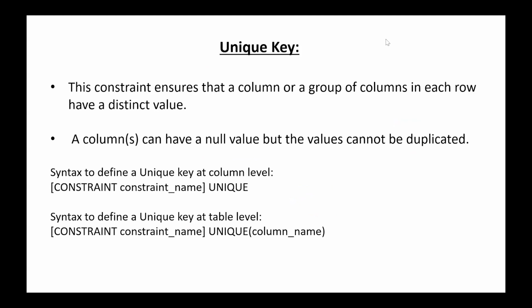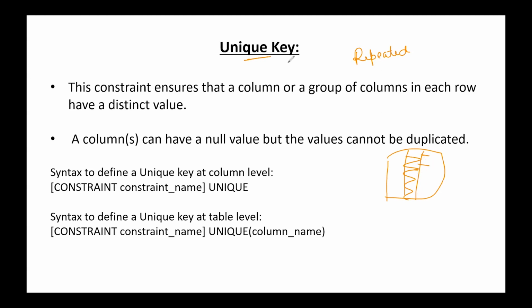The next set of constraints we will be learning is unique key constraint. So what is this unique? As the name says, unique means we cannot have repeated values, we should have an individual value. So in a table, if I am declaring any particular column as unique, it means you cannot have the same values repeated once again.